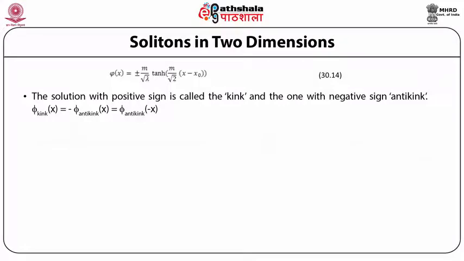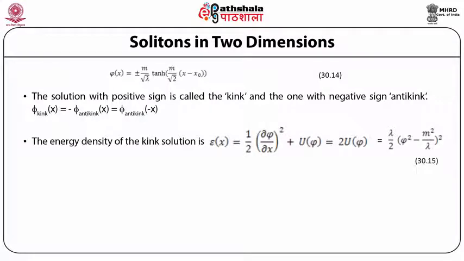The energy density of the kink solution is E(x) = 1/2 (dφ/dx)² + U(φ), which is equal to 2U(φ). So E(x) = 1/2 · λ (φ² − m²/λ)², which equals m⁴/(2λ) sech⁴(m(x − x₀)/√2).